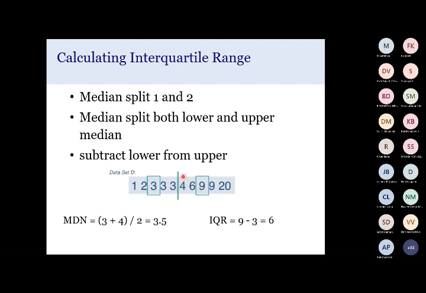I'm taking the next value as 4, and the median of the first half is 3. So this is Q1, 4 is Q2, and the median of the second half, the average of these two, is 9. So Q1 is 3, Q3 is 9, and the interquartile range is Q3 minus Q1, so you will get the answer as 6. Okay, fine.